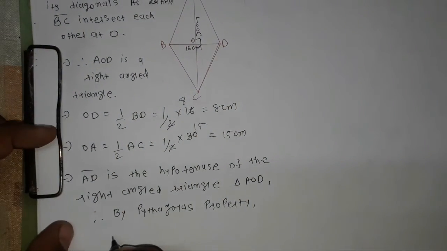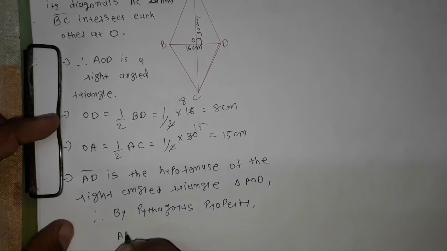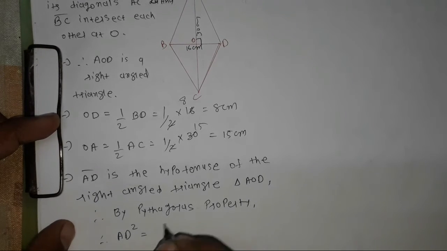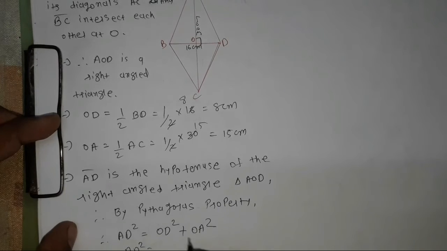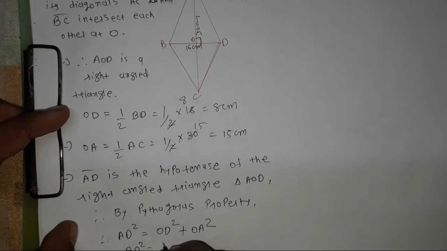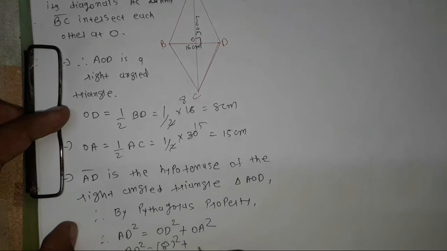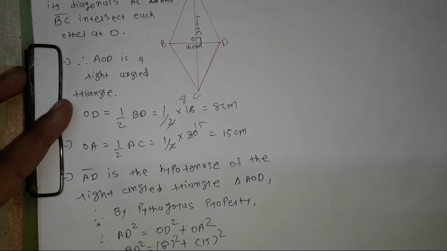So AD square is equal to OD square plus OA square. OD is 8 centimeter, 8 square, plus OA square is 15 square. So AD square is equal to 8 8s are 64 plus 15 15s are 225.